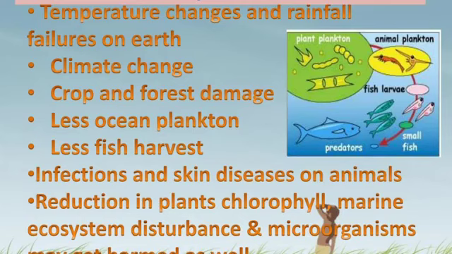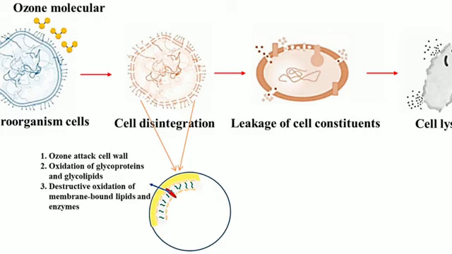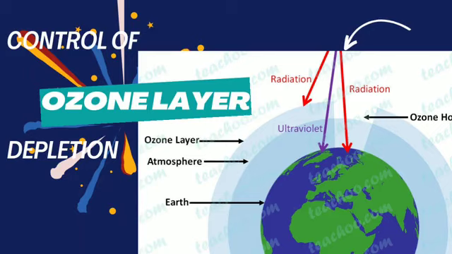Now let us look at some of the control measures to reduce the depletion of the ozone layer. The government should ban the use of dangerous nitrous oxides, chlorofluorocarbons, etc. The burning of bushes should be discouraged, especially through public campaigns.